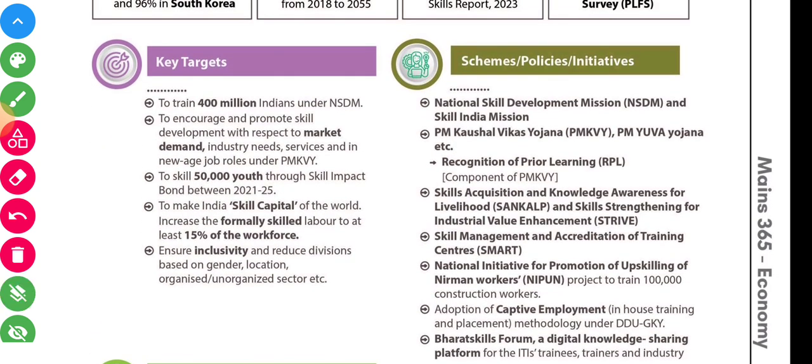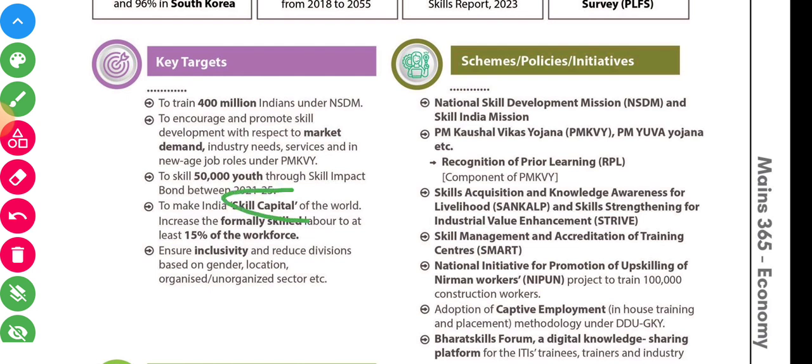What are the key targets of skill development? 400 million Indians under the National Skill Development Mission for training of the youth. To encourage and promote skill development with respect to market demand, industry needs, services, and in new age job roles under Pradhan Mantri Kaushal Vikas Yojana, to skill 50,000 youth through a skill impact bond between 2021 and 2025.